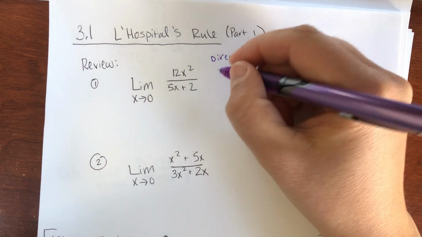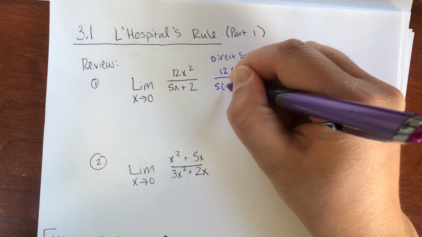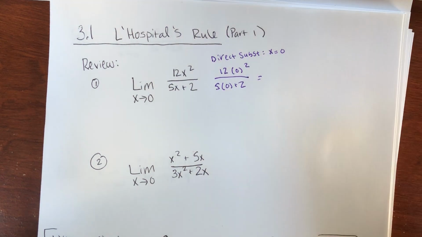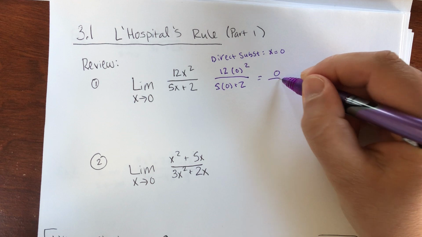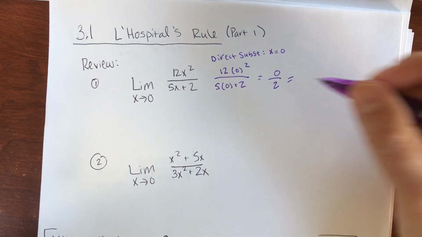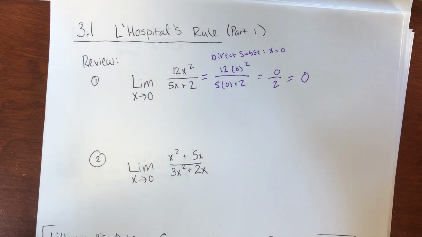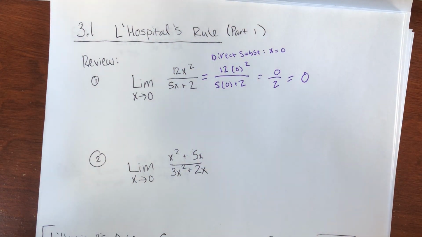That's the limit, right? So we have 12 times 0 squared over 5 times 0 plus 2, which is 0 on top and 2 on the bottom. 0 over 2 is defined. That's a real number. It's just equal to 0. So this limit does exist, and it's equal to 0, and direct substitution was enough in this case.